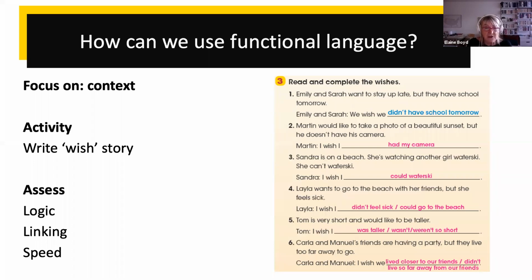And again, here you can assess their logic. Does the wishing connect properly? Have they explained their reasons? Because now, at level 6, they ought to be able to start to give reasons and examples for things. So you're looking at a more holistic picture. Have they linked their ideas, or how fast did they do something?